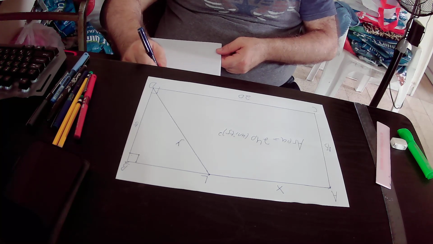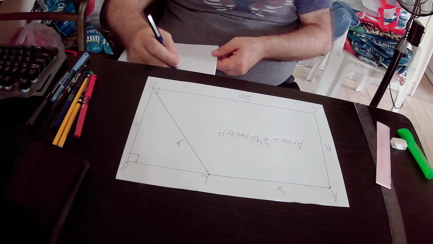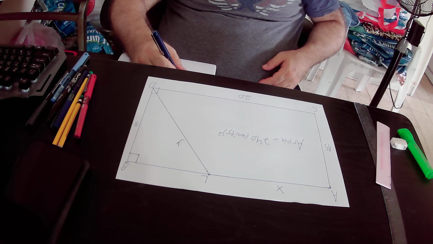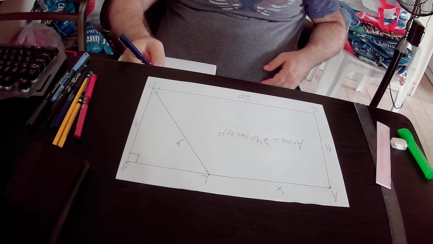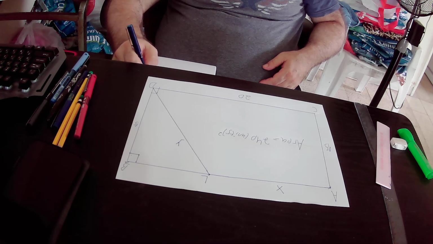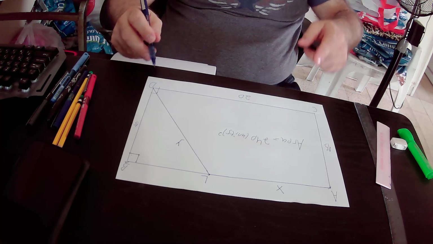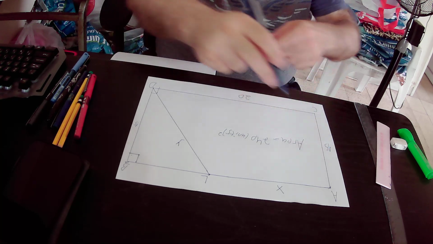So the area of any rectangle equals the length of the rectangle times the width of the rectangle.